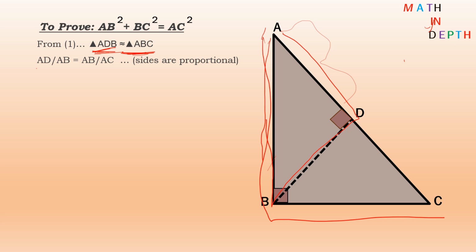Sorry, my straight lines are not going straight here. These two triangles we have taken, this one and this bigger one. Now look at this smaller triangle, we have taken this line AD.